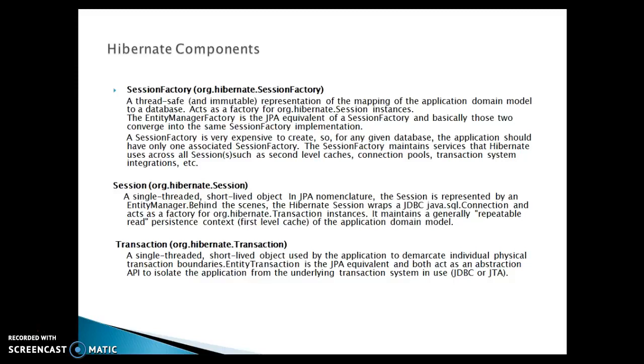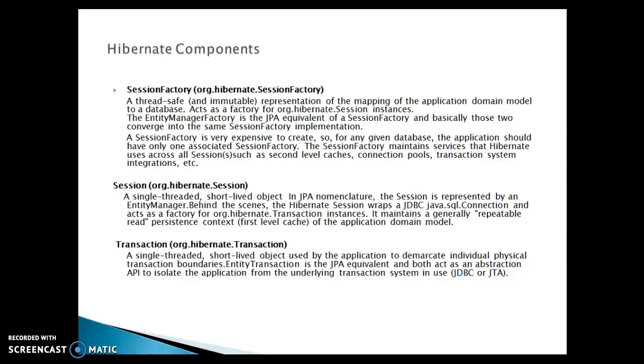The first component we would like to talk about is the session factory. Session factory is a thread-safe, or you can say immutable, representation of the mappings of the application domain model to a database. This acts as a factory for session instances. The entity manager factory is the JPA equivalent of the session factory, and basically those two converge into the same session factory implementation.